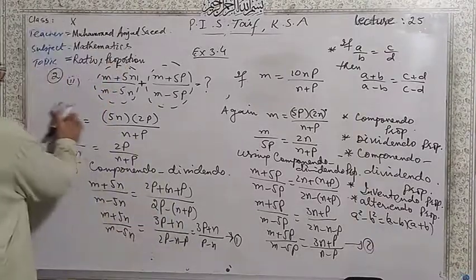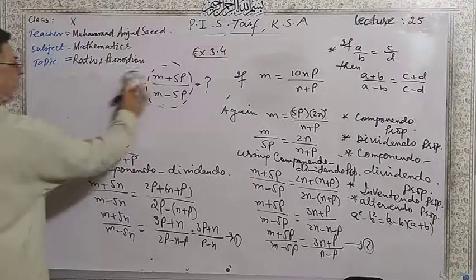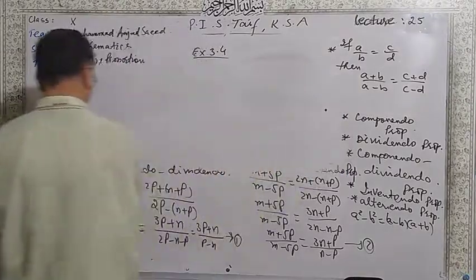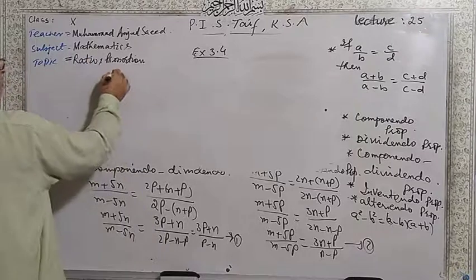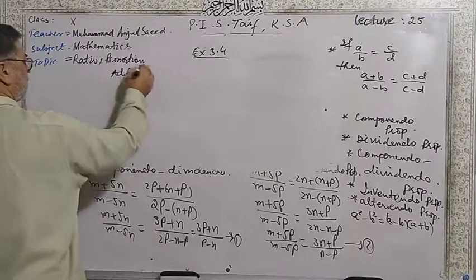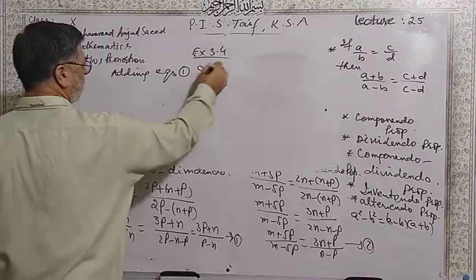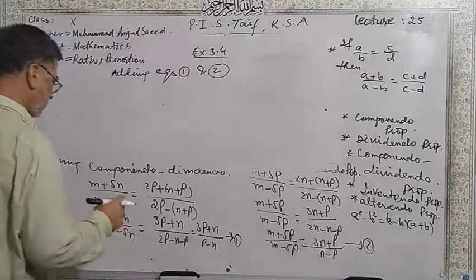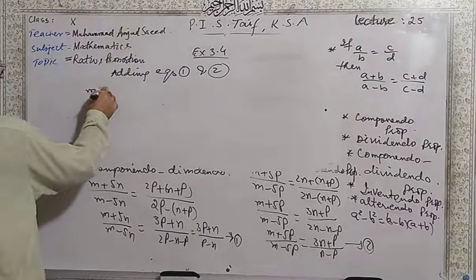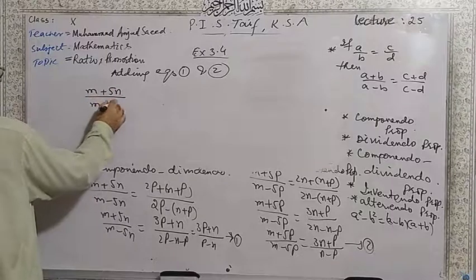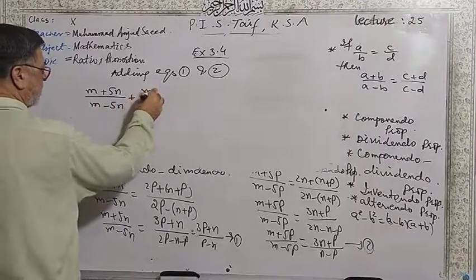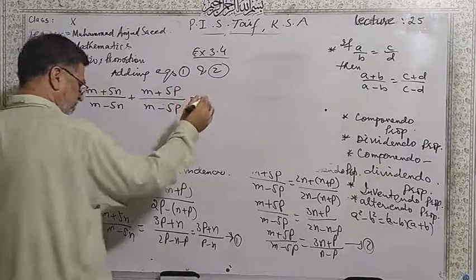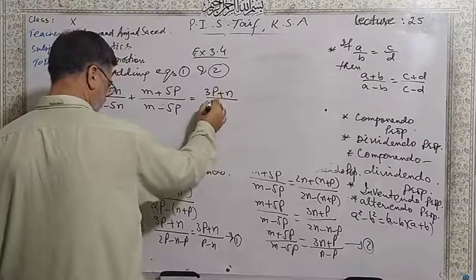So, adding equations 1 and 2: left plus left is equal to right plus right.